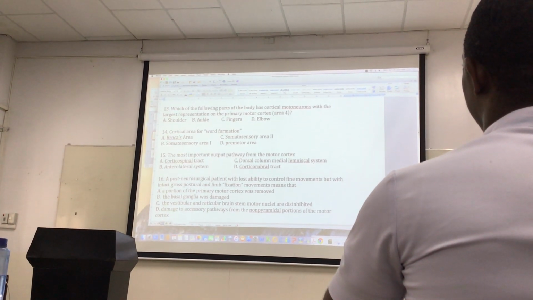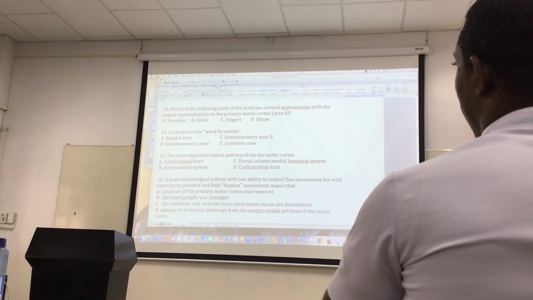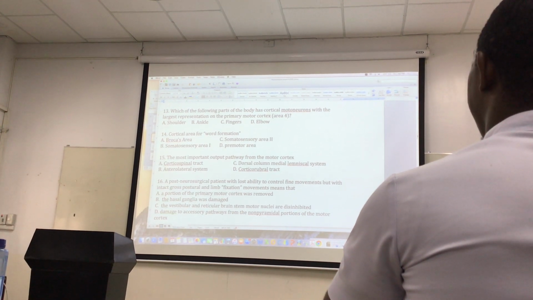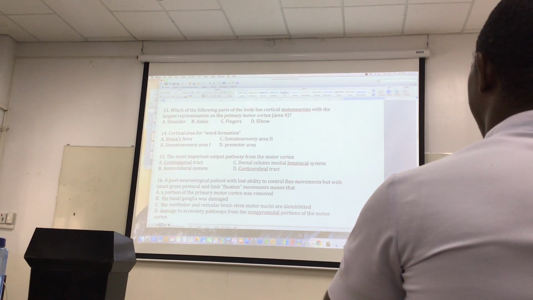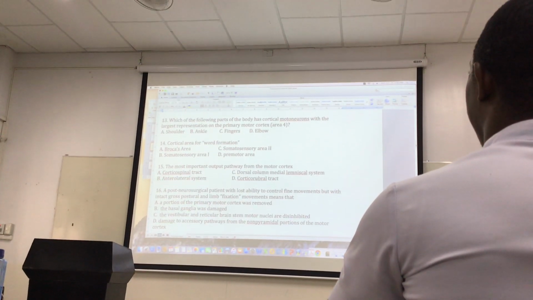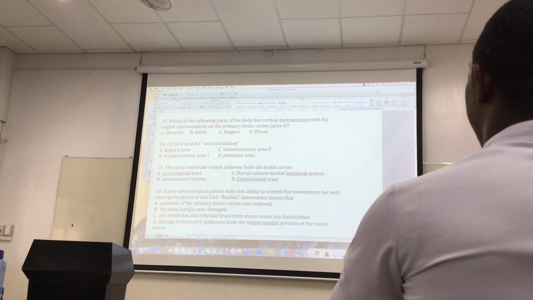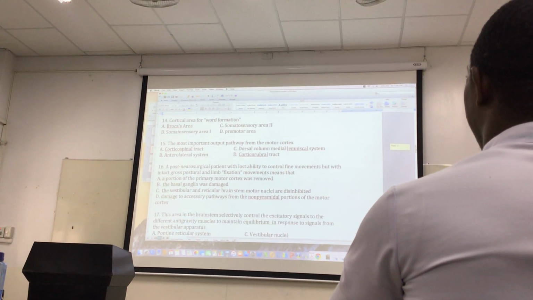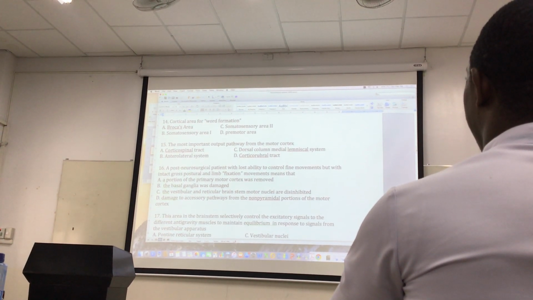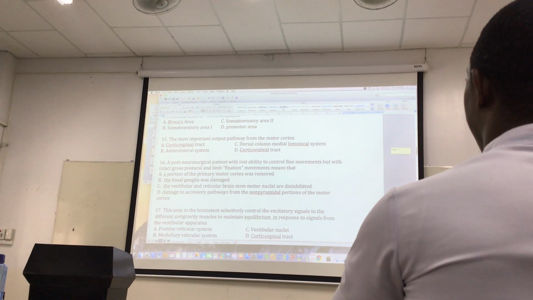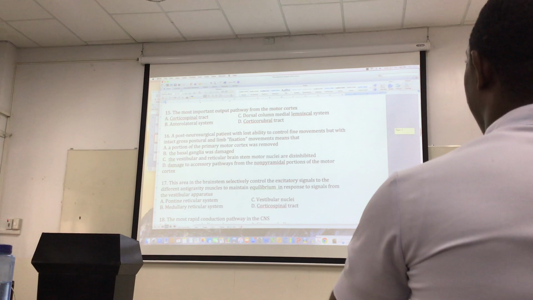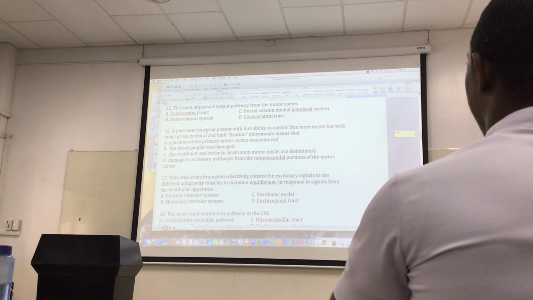Oh, one mistake. Which body part has the largest representation in the primary motor cortex? Of course, the fingers. Word formation area? Broca.